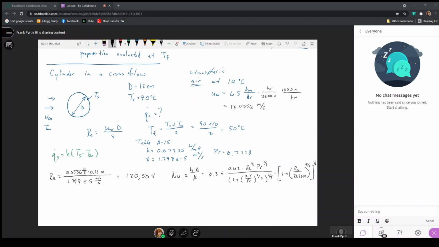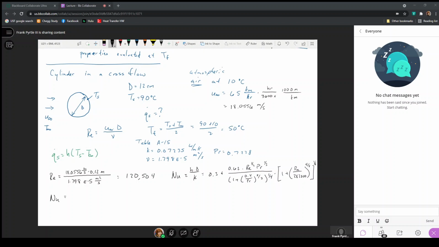So we have the Reynolds number, we have the Prandtl number, so we can substitute those into this expression to find the Nusselt number. We have the thermal conductivity and the diameter, so that we can then calculate the heat transfer coefficient that will be multiplied by the temperature difference here.